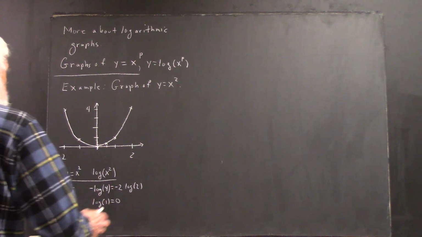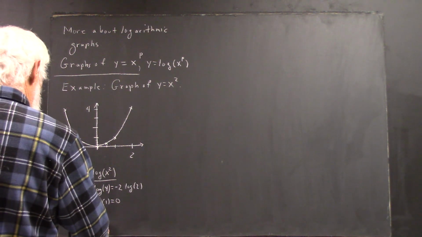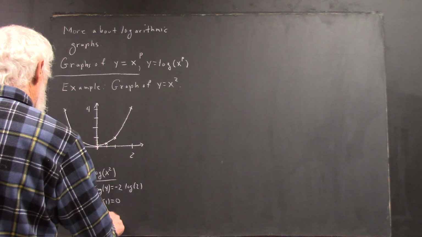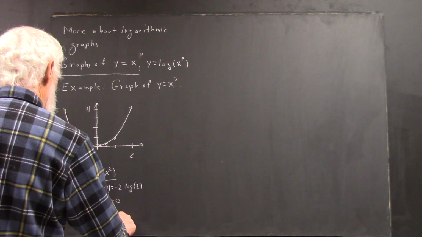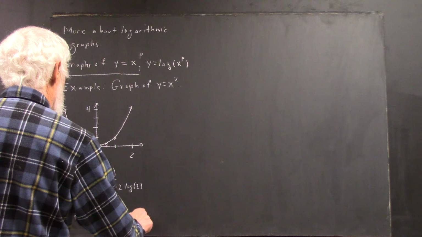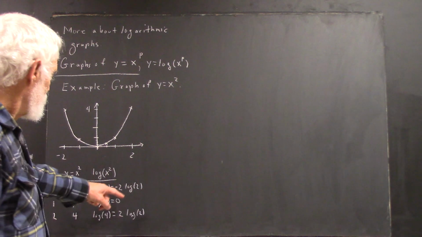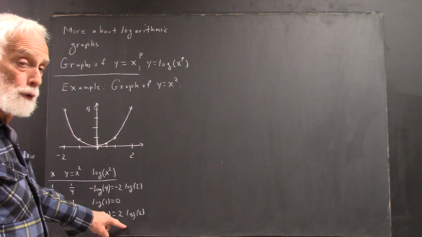And then when x is 2, x squared is 4, log of 4 is 2 log of 2. So we have negative 2 log of 2, 0, 2 log of 2.